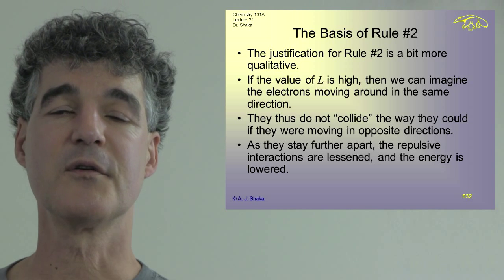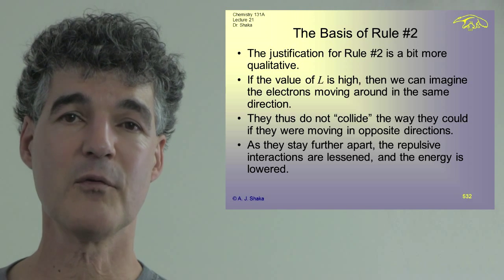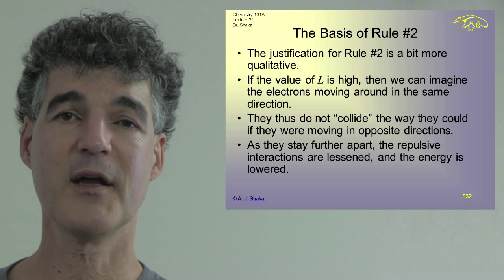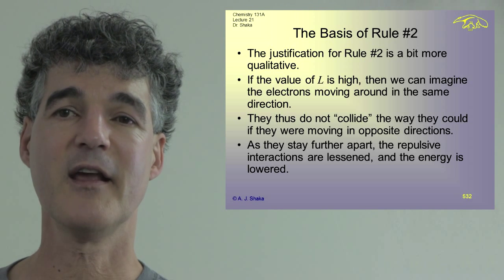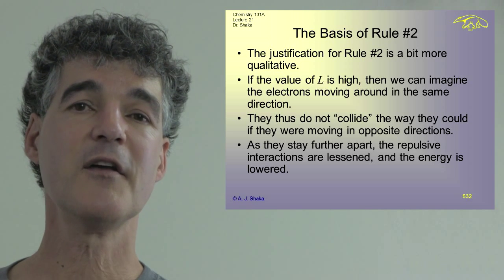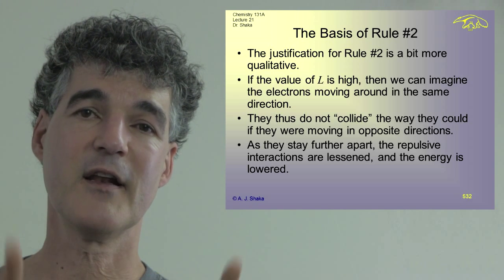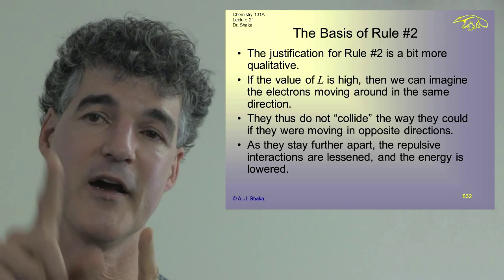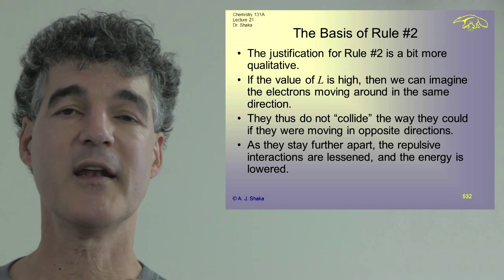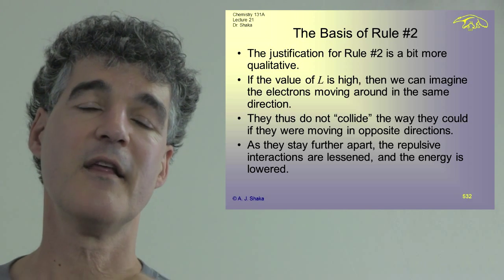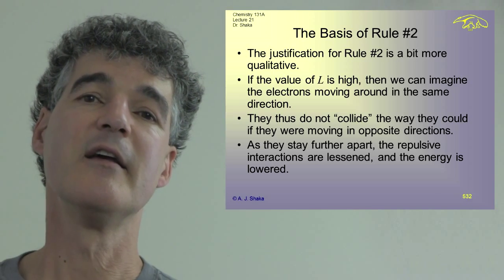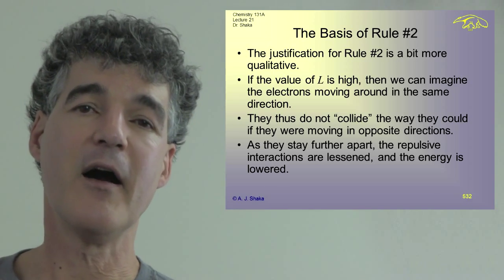What about rule 2? Well, this is even more woolly in my opinion, and quite qualitative. The idea is this: if the value of big L is high, that means the values of little l for the electrons are all adding up. And we can in some sense imagine that the electrons are moving the same way around.